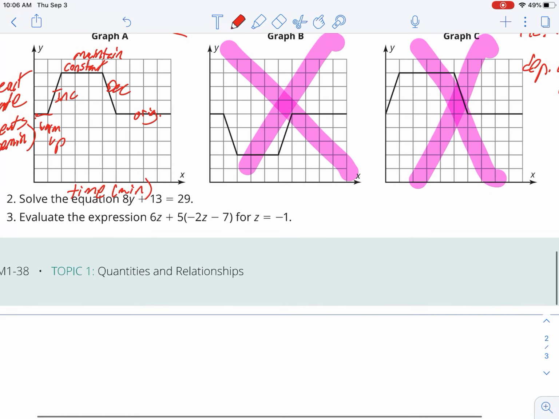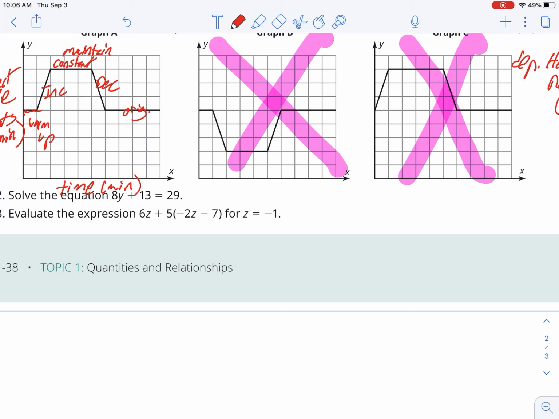Then I asked you to do number 3, evaluate the expression. So as we've done some evaluations, we substitute in z as -1. So z is -1. Okay, and then we do our order of operations.